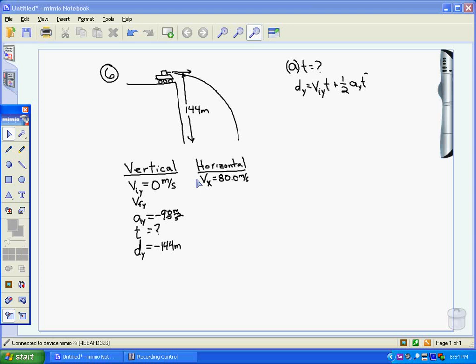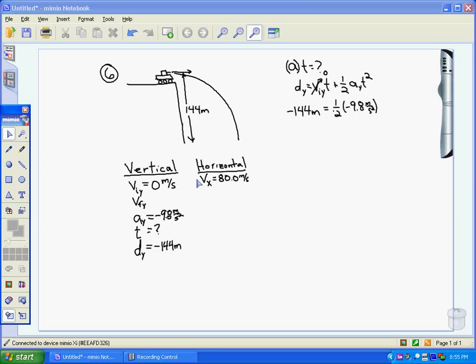Now, in all the cases with projectile motion A, we're firing horizontally. So the VIY is always 0 in all these problems. In order to solve this, we have to recognize, first of all, since VIY is 0, that whole term will go to 0. So we get negative 144 meters is equal to 1/2 times negative 9.8 meters per second squared times t squared.